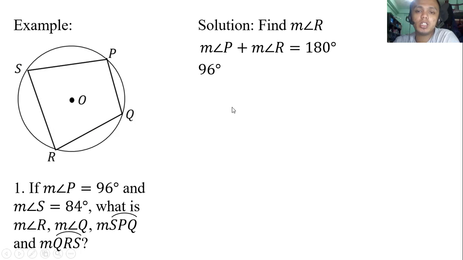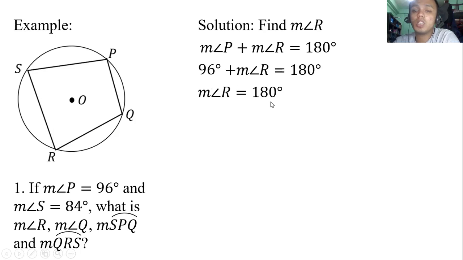Substitute your P to 96, then transpose it to the other side. We have measure of angle R is equal to 180 minus 96. 180 minus 96 is equal to 84 degrees for your measure of angle R.